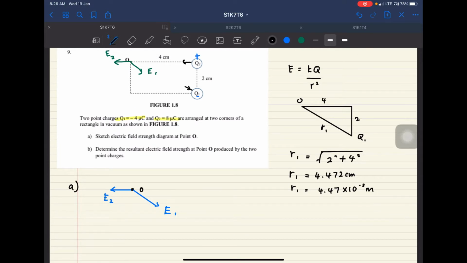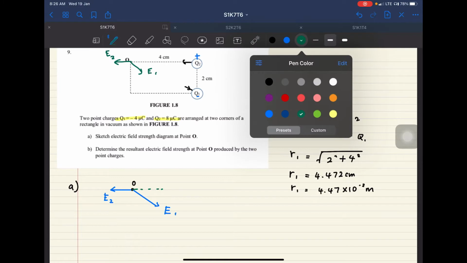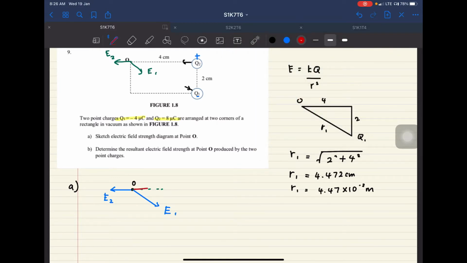So that one is one of the values. And then another important thing is the angle. Because if I were to resolve E1 into x and E1 into y, I need to find this angle over there. So I will find that angle first. Put this one as theta.